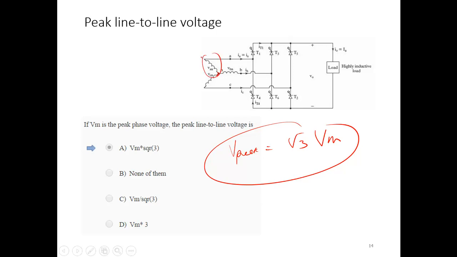If you have 120 volts RMS, the peak value is not 170 for the line voltage. The RMS value will be that multiplied by square root of 3, because it is a three-phase supply.